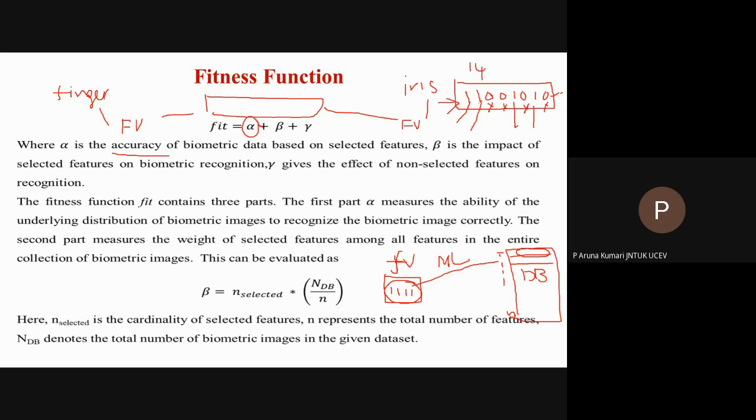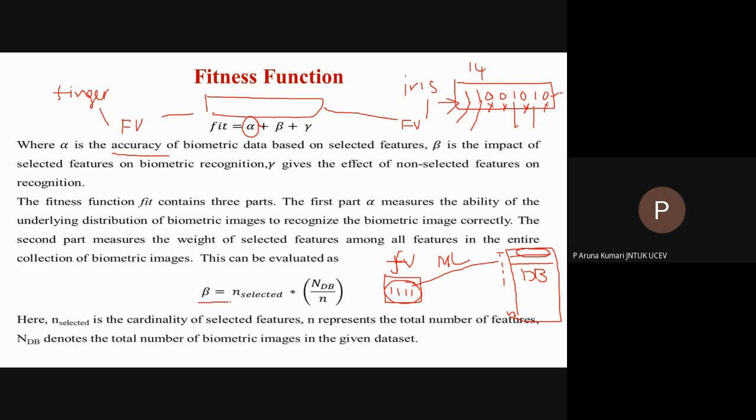In the classification of multi-biometric systems, we can go for machine learning based classification, or machine learning based prediction of accuracy, while calculating the fitness function. Here we can apply one of those algorithms to calculate the accuracy with the selected features.